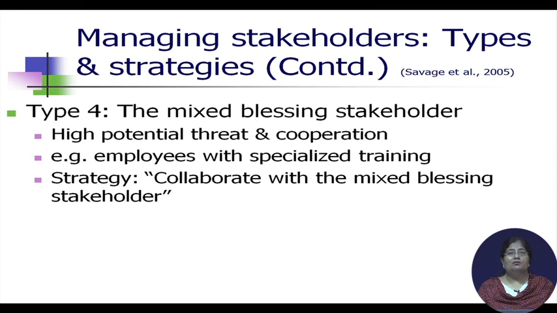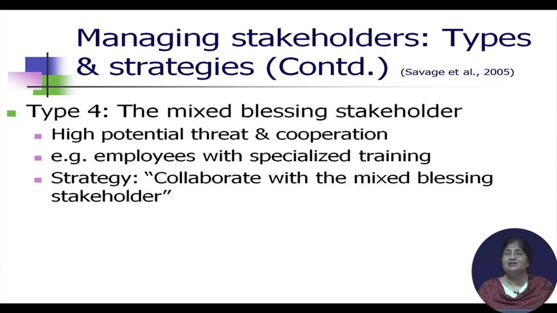For example, employees with specialized training. If they choose to cooperate, they help the organization, they help you produce results. If they go, you don't have anyone to do their job. It's very difficult to find people with this kind of specialized training. Strategy is collaborate with them. Keep them on your side and all should be well.